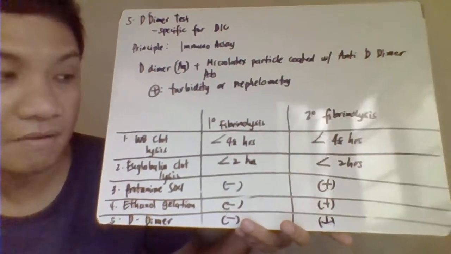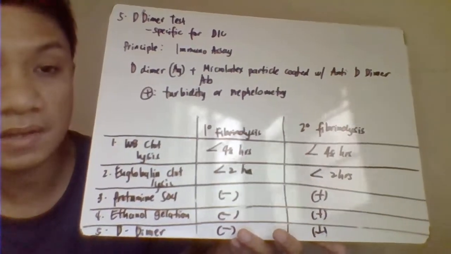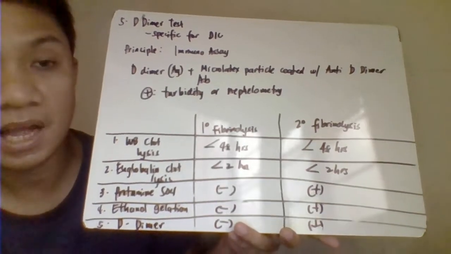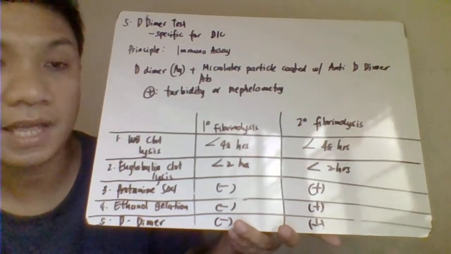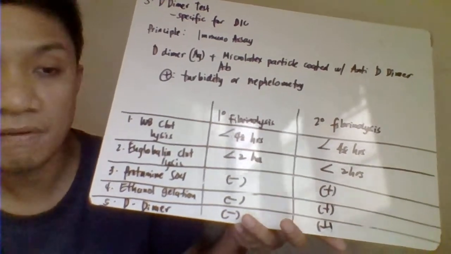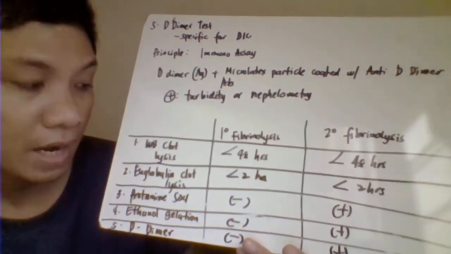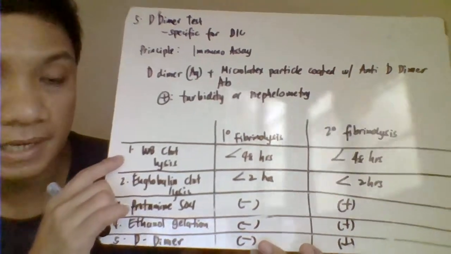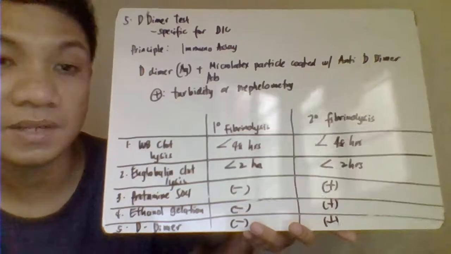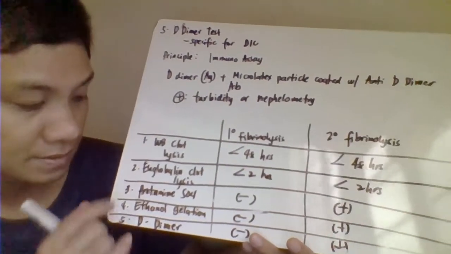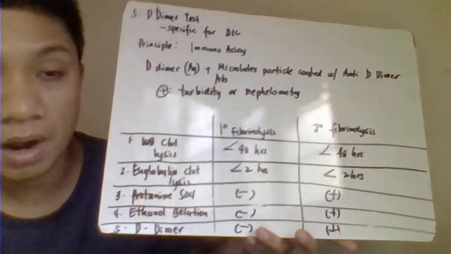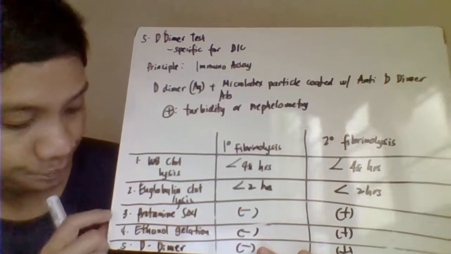Okay, so we have here the difference between your primary fibrinolysis versus your secondary fibrinolysis. Remember that in our primary fibrinolysis, wala tayong fibrin monomer, polymer, and D-dimer, which are all found only in your secondary fibrinolysis. So whole blood clot lysis, both of them will have less than 48 hours because again, these are abnormal na fibrinolysis. Your euglobulin clot lysis, both of them would have less than 2 hours na clot lysis.